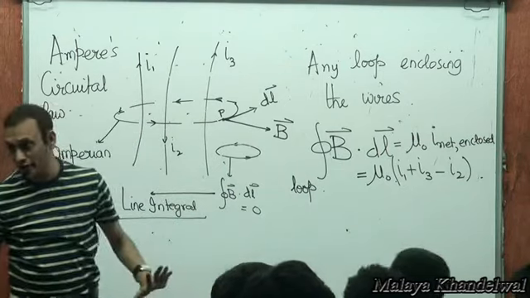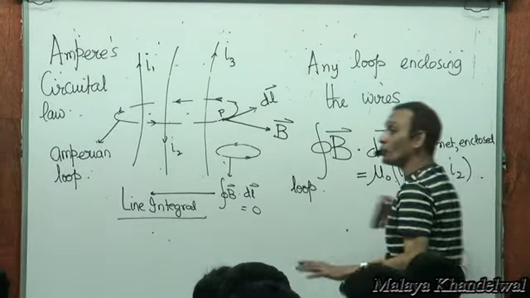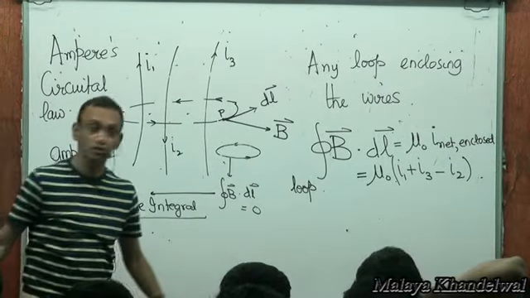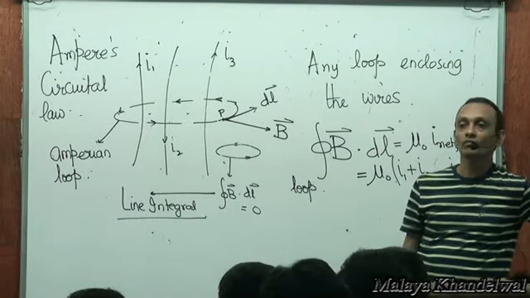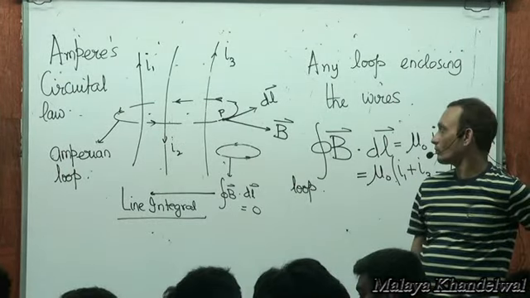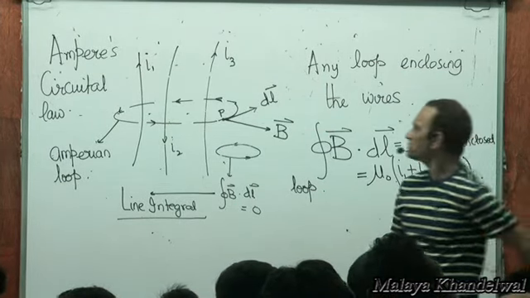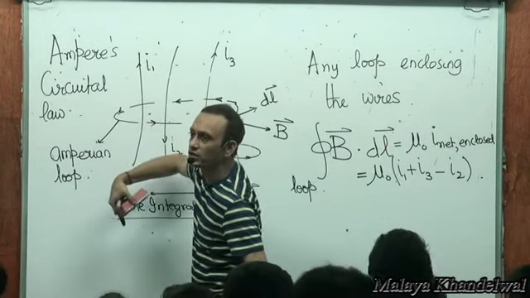But so far so good, right? All of you understand this. This is Ampere's circuital law to be deployed in situations related to symmetry. Does not matter. They are all at an angle. They are not piercing perpendicularly the loop.